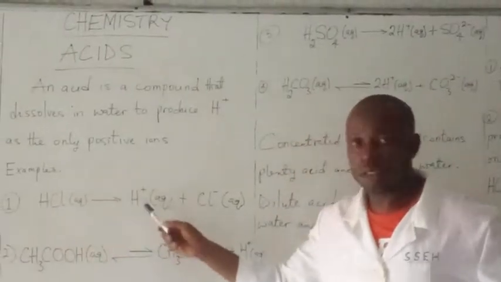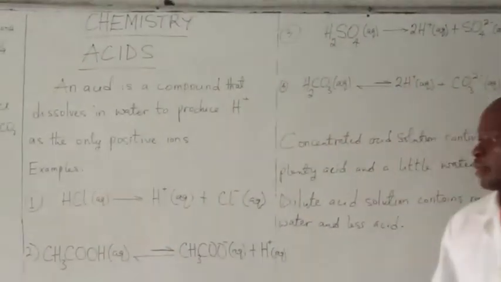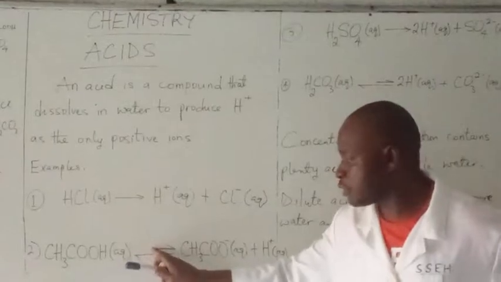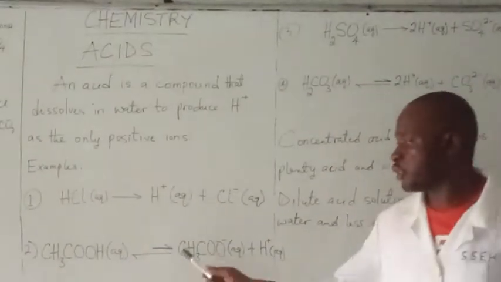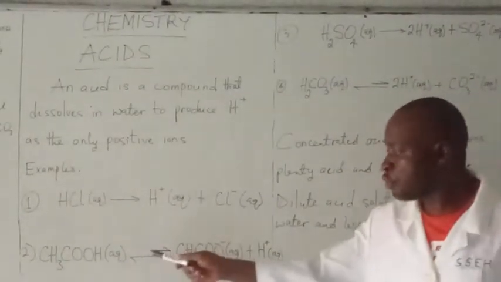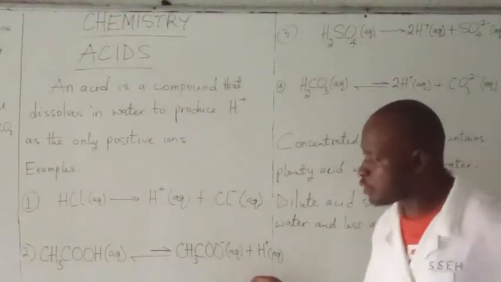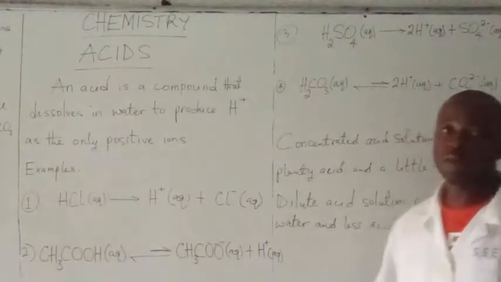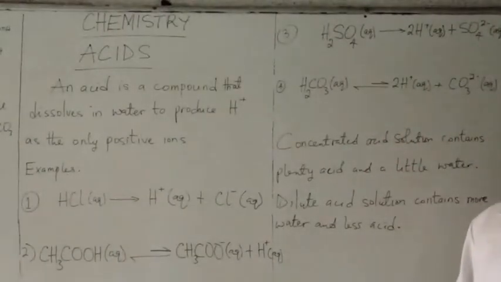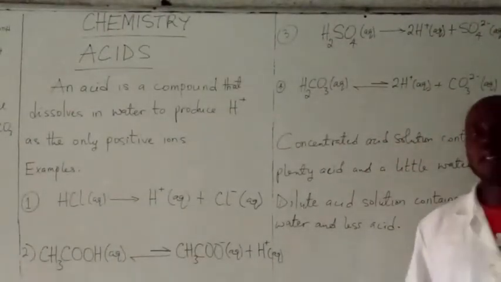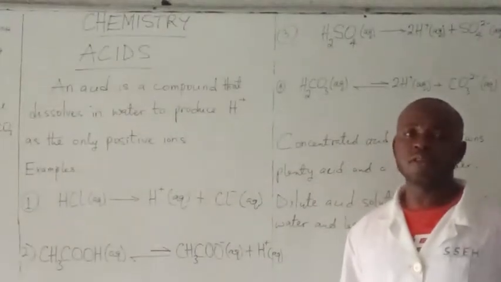It dissociates completely. The arrow is just 1. But ethanoic acid, you see it has double arrows. One is shorter than the other. The shorter one shows the partial dissociation, while the longer one shows that the reaction is tending towards getting the molecules. Do you understand?